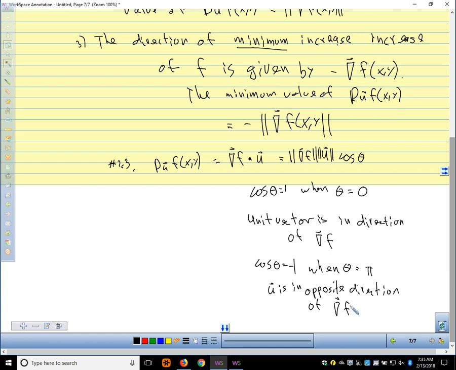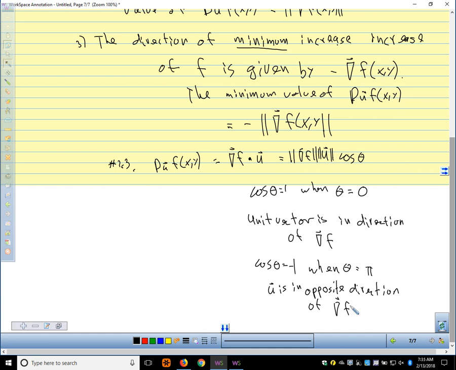That's a very important property of the gradient. It gives us the direction of maximum increase or maximum decrease. What would be the direction of no increase or decrease? When the gradient and our unit vector make a 90-degree angle, orthogonal.